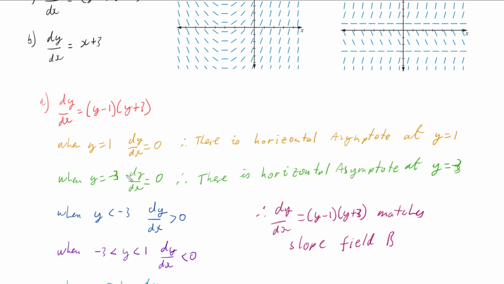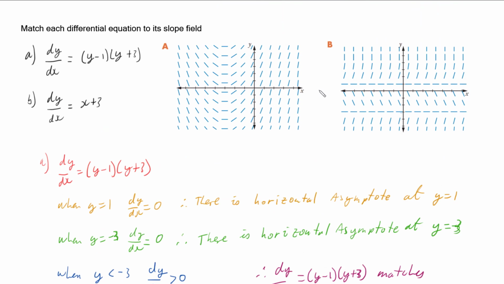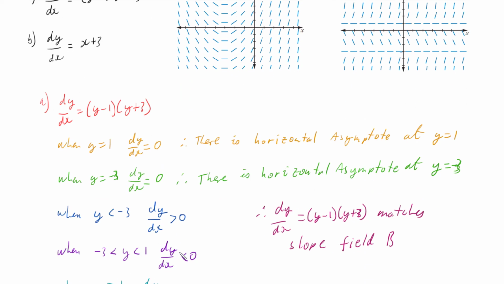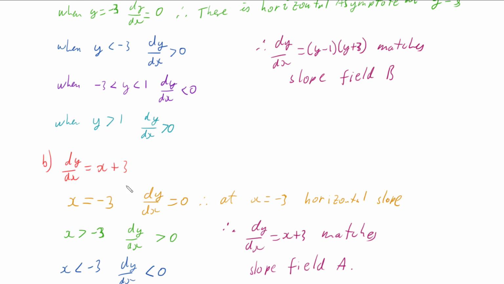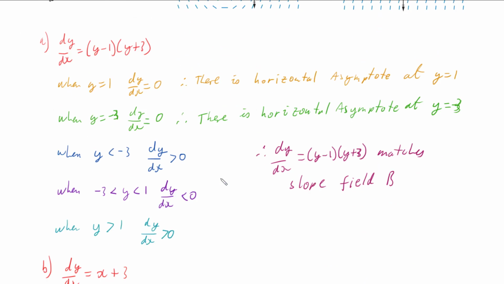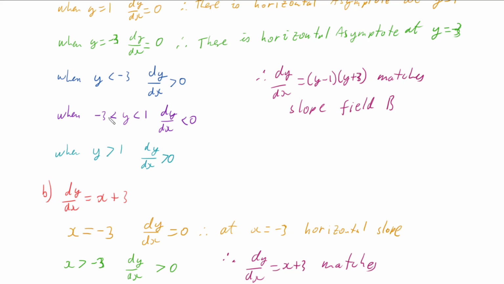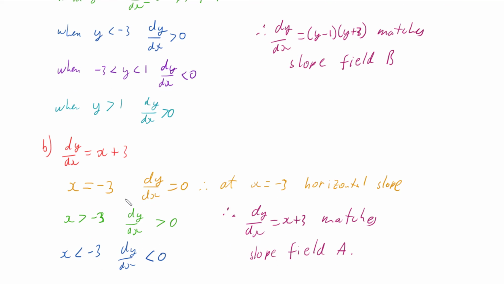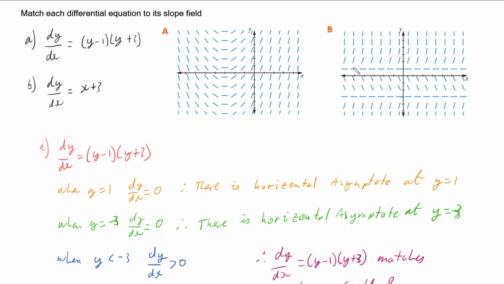We had gradients of 0 at constant y's, which means that we have these horizontal lines of asymptote, and we had gradients of 0 at a constant x value, which means we had these, well in this case it's a minimum, it could have been a maximum, they're turning points. And then we can look at what happens as we're above or below each of those interesting points, and we can make sure that the slopes match up.